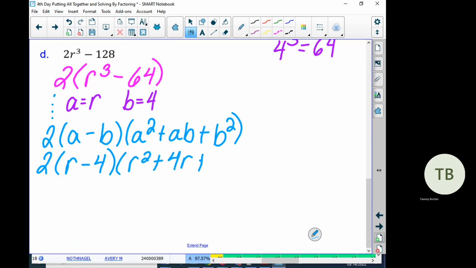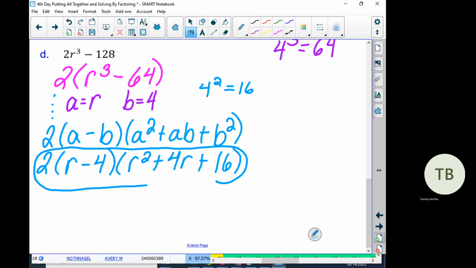And then I have to do b squared. 4 squared is 16. Now, another thing you can remember is when you do difference of cubes, I don't think you'll ever have one where you can factor it further. Okay, so that's our answer.